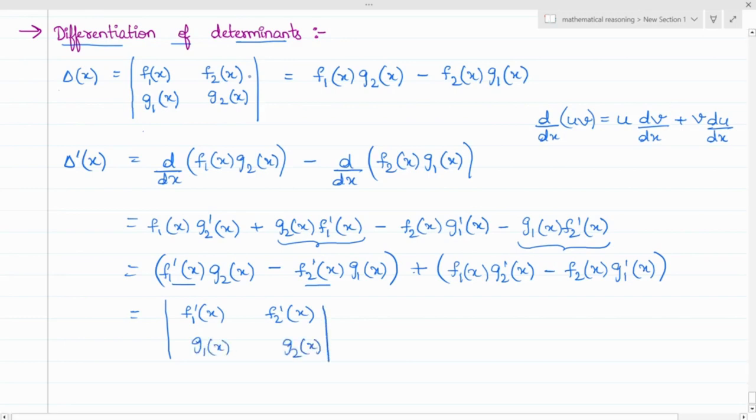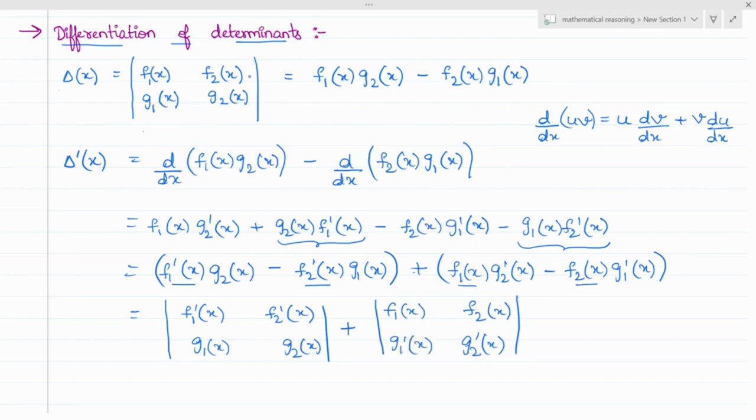You can also verify it by taking the reverse of this. When you take the determinant, it's the cross multiplication. So f1 dash into g2(x) minus f2 dash into g1(x). Similarly, here f1(x) and f2(x) will be the rows, and the remaining will be the columns.